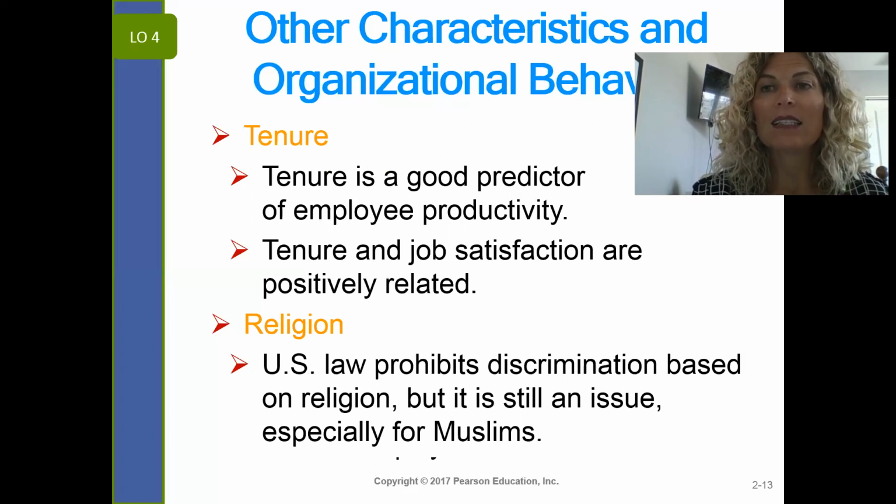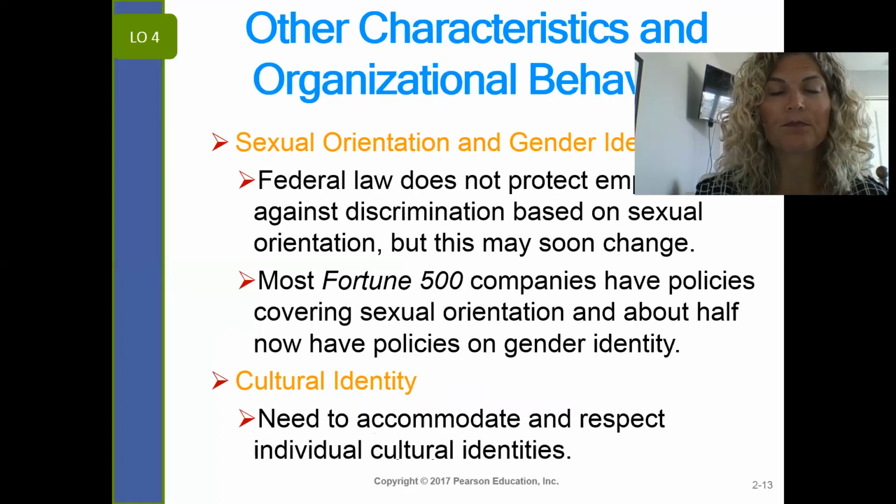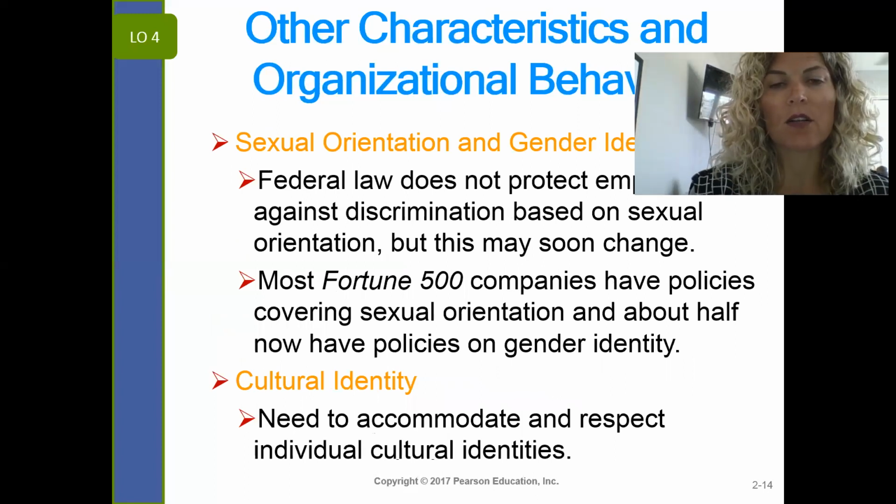Again, it is illegal to discriminate on this factor in most cases.